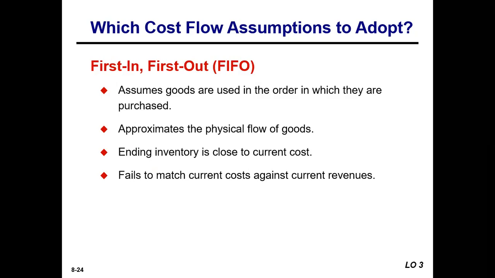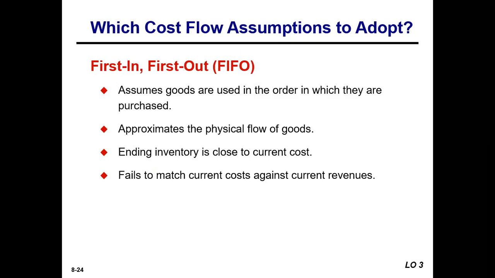But FIFO usually approximates the physical flow of goods for most companies, because companies don't want to have real old goods on their shelves. They want to sell the older stuff first, right?